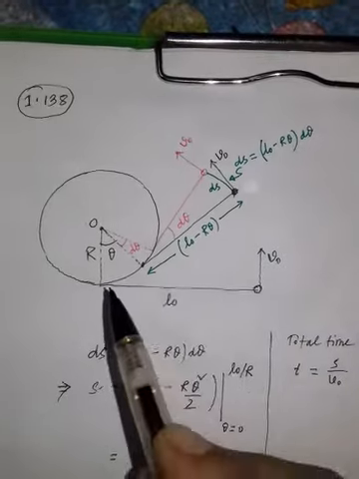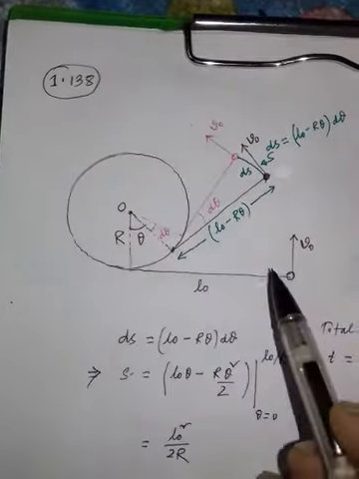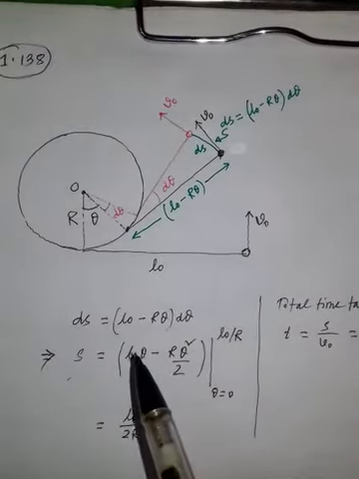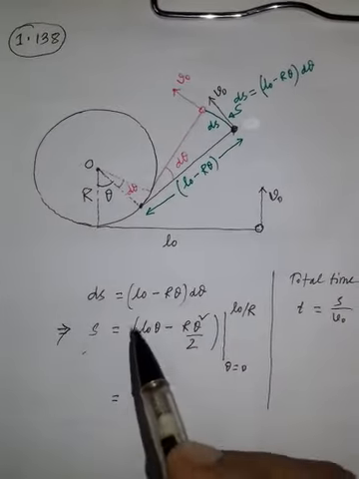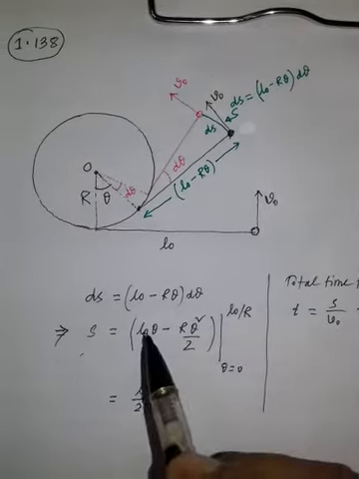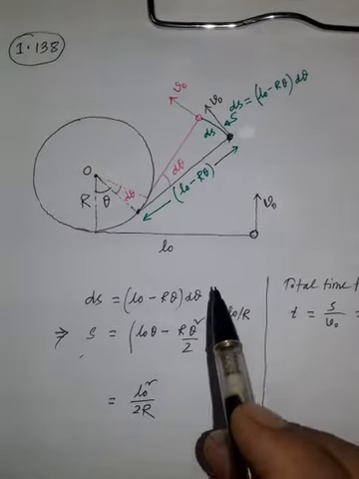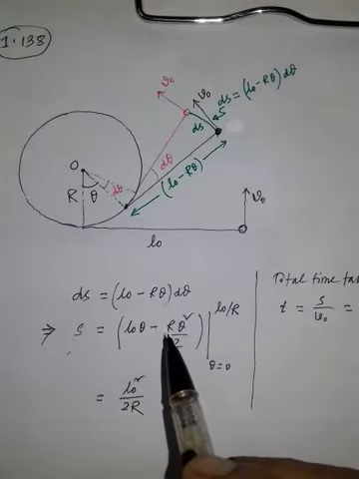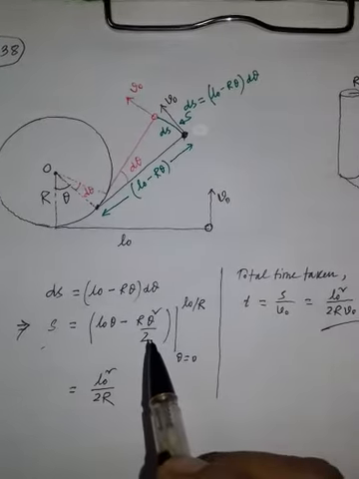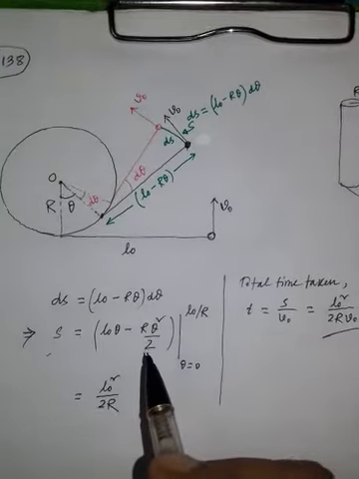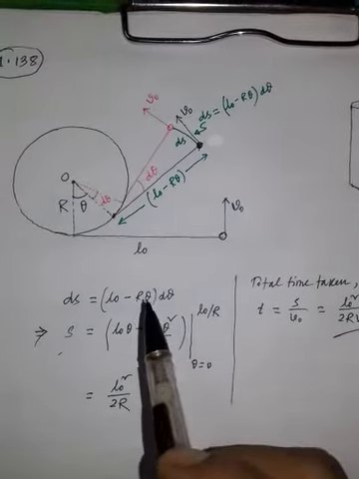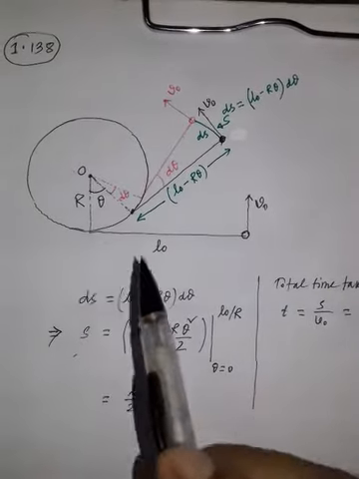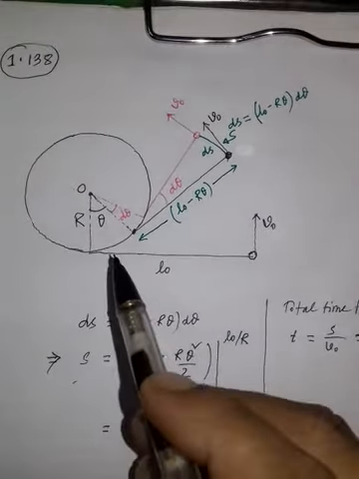To get the total distance covered by this disc before striking the cylinder, we have to integrate this expression. Very simple this integration is. We get after integration L0 theta minus r theta square by 2. Now what would be the limit of theta? Theta must be from 0 to L0 by r.